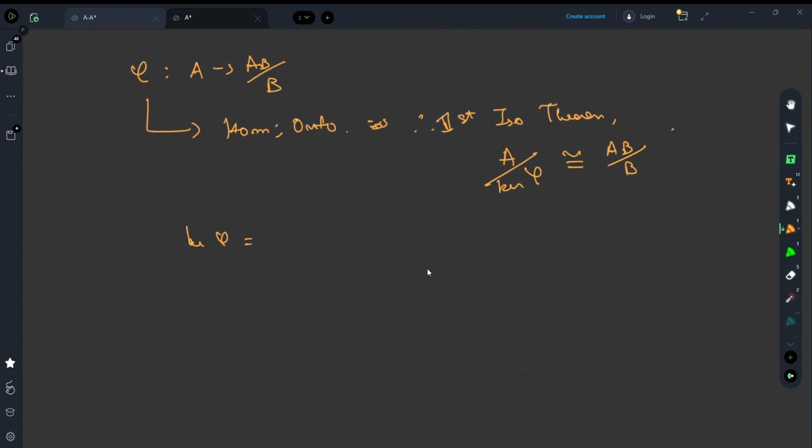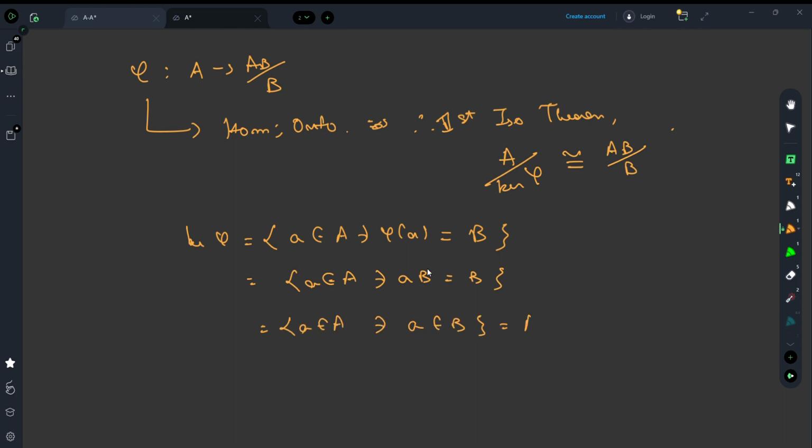But what is the kernel of phi? If you carefully observe, the kernel of phi is the set of elements a in A such that phi of a is the identity in the quotient group AB mod B. That must be B. So phi of a equals B, which implies aB equals B. But then by definition, these are the elements a in A such that a is in B. So it's exactly A intersection B. Therefore, this immediately implies that A intersection B is normal in A, right?